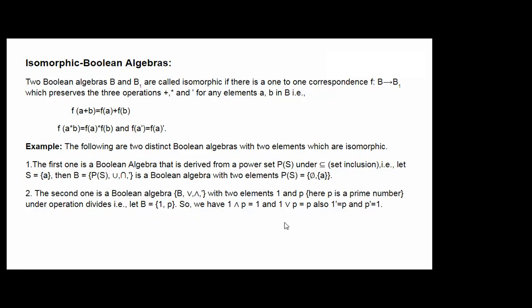So this condition gets satisfied, and complement also we can give as 1 dash is equal to P and P dash is equal to 1. So this one also is an example of an isomorphic Boolean algebra. Okay.